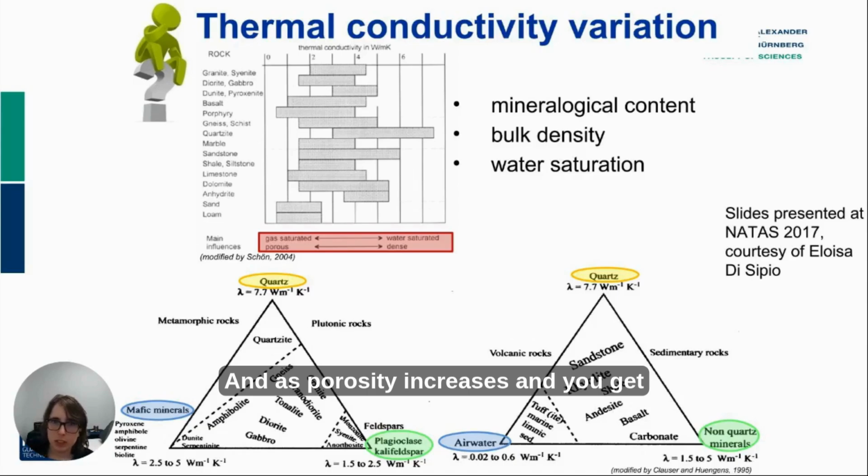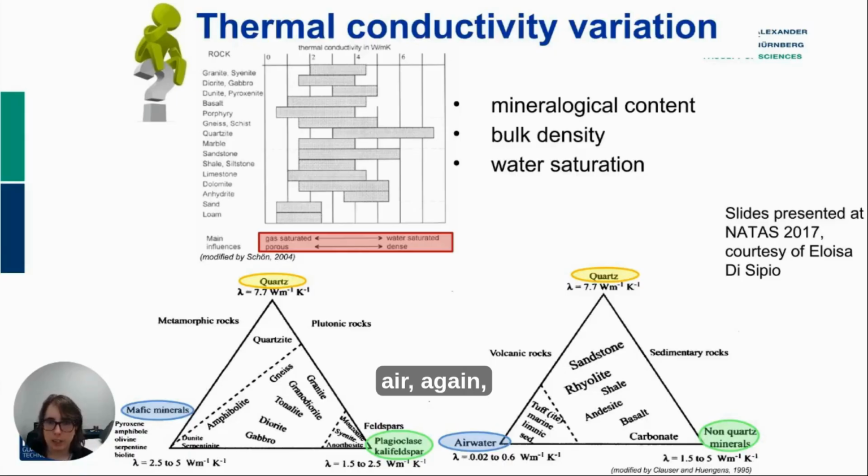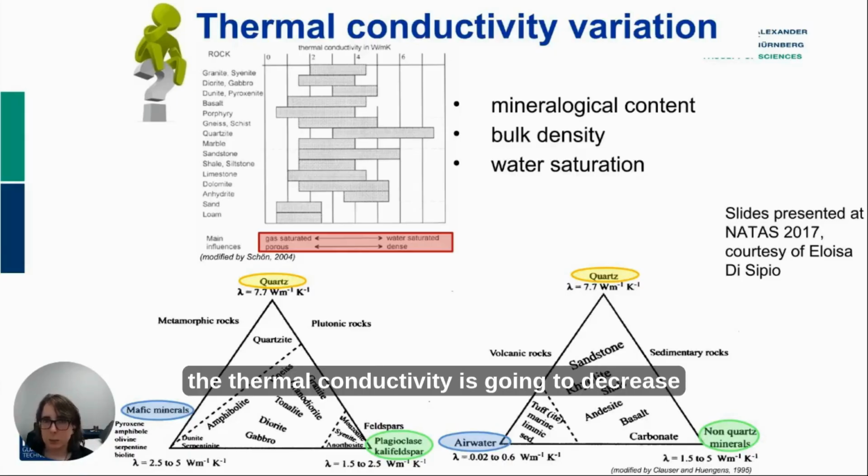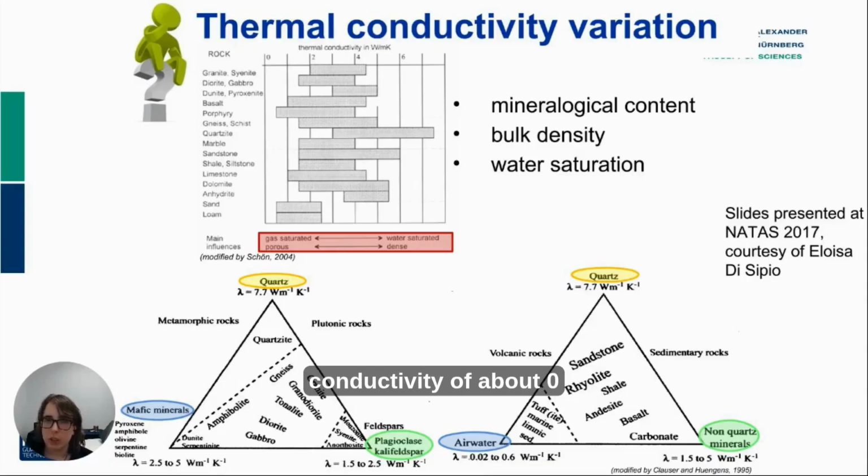And as porosity increases and you get closer to a composition of air, again, the thermal conductivity is going to decrease because air has a very low thermal conductivity of about 0.025 watt per meter Kelvin.